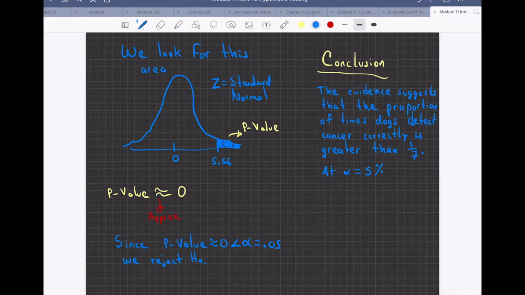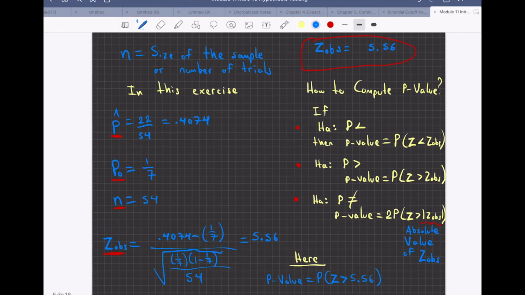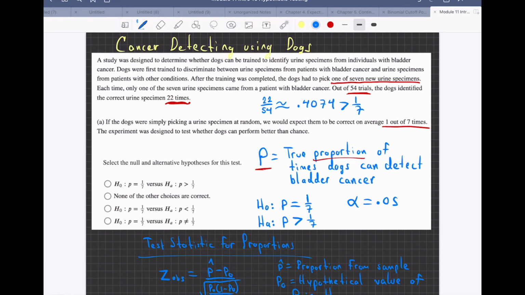So, in conclusion, notice the hypothetical value is 1 out of 7, but the value from the sample was 0.474. Is the difference between 0.474 with respect to 1 out of 7 significant? According to this, yes.